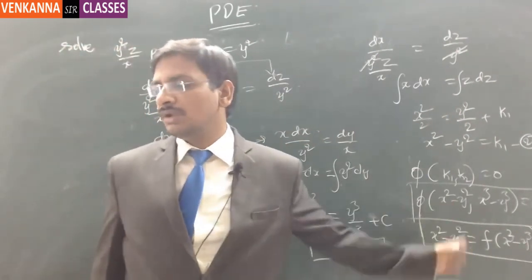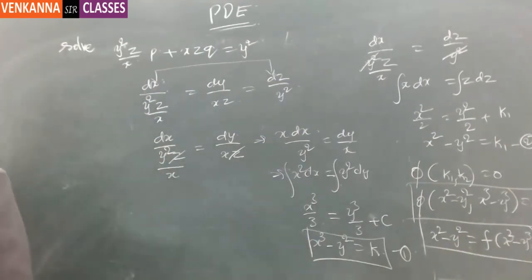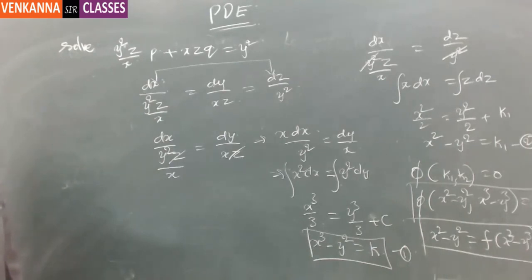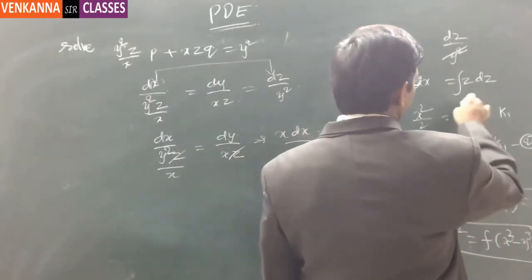So this is the solution where phi is an arbitrary function. Yes, this is z square.